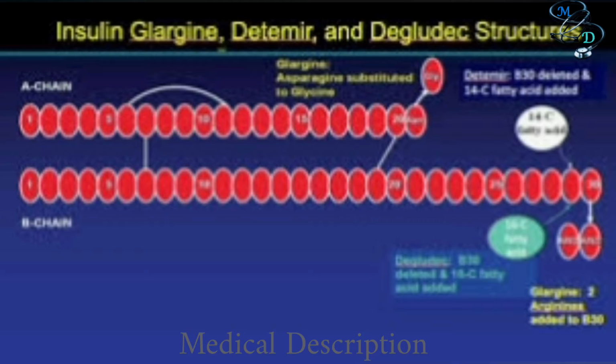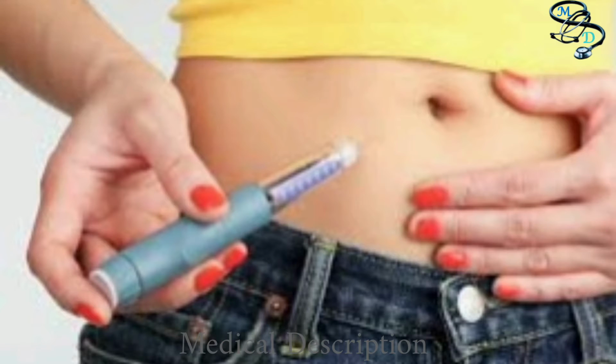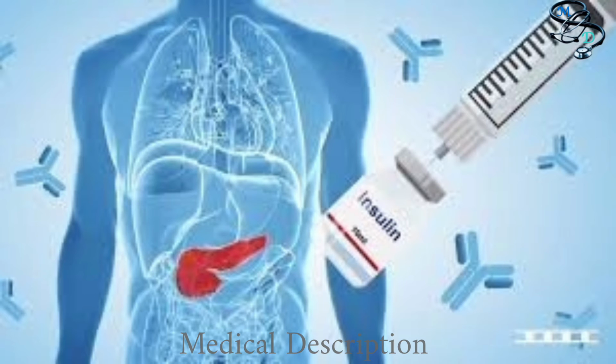Insulin analogs have been developed because human insulins have limitations when injected under the skin. In high concentrations, such as in a vial or cartridge, human and also animal insulin clump together. This clumping causes slow and unpredictable absorption from the subcutaneous tissue and a dose-dependent duration of action.